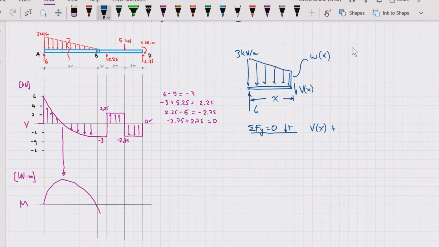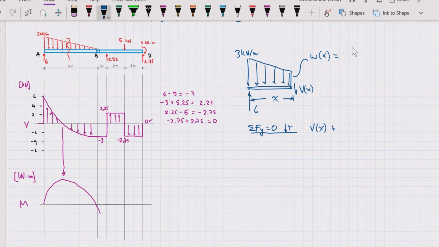plus, we need W of x, right? Okay. How do you get W of x? It's a straight line with intercept of 3 and a negative slope of 3 over 6.